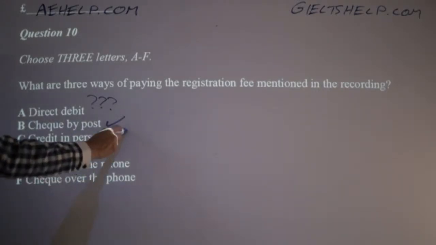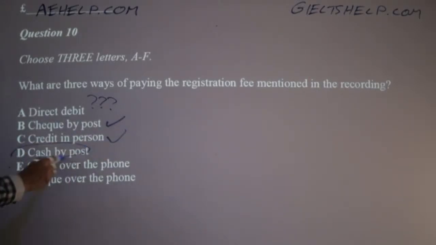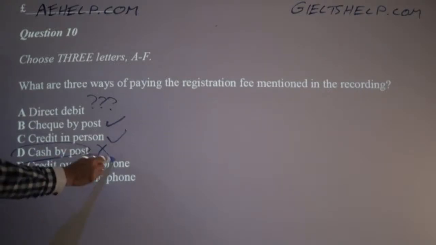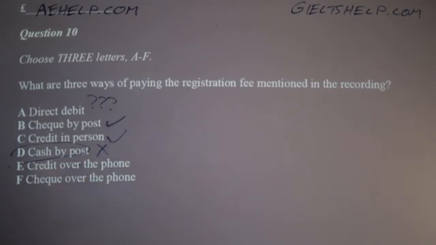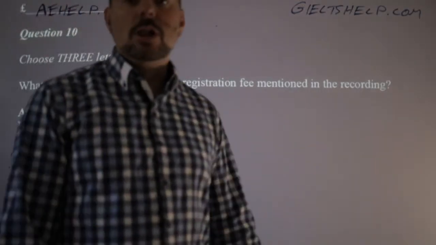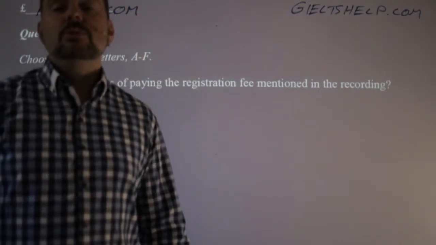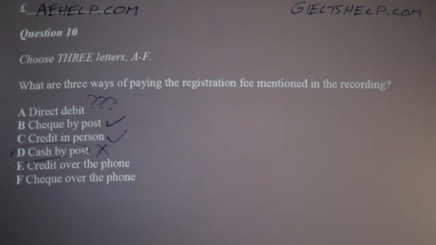That kind of looks good. Cash by post. No. IELTS would never give that as a correct answer because, as I'm sure most of you know, you should never be putting money into an envelope. It's a bad idea, especially in the internet age. Use digital transfers. Don't send money or gold in an envelope.